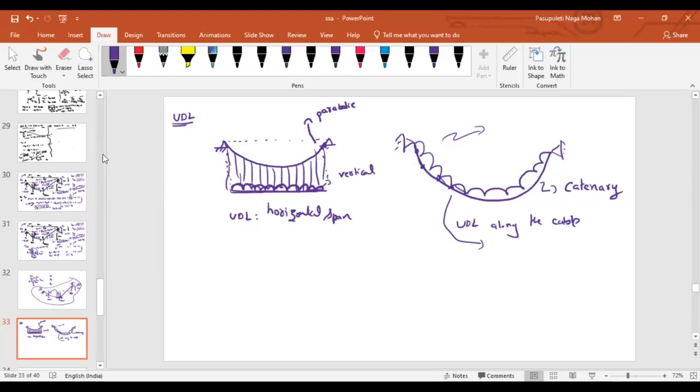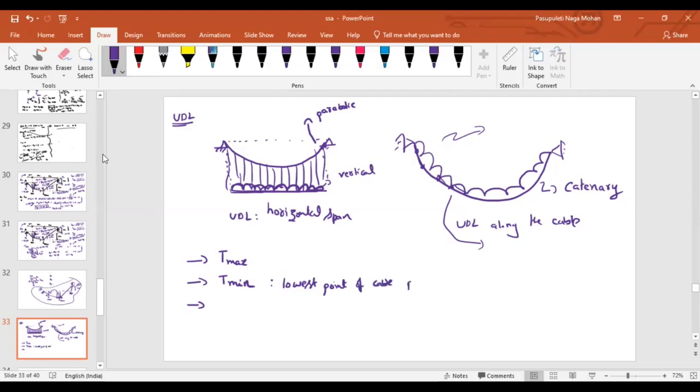And let us try to solve this case. There are 3 points that we have to identify. If there is a UDL loading on the horizontal span, we should find out where the maximum reaction develops. We have to see where the minimum reaction develops. The minimum tension will always develop at the lowest point of the cable profile.